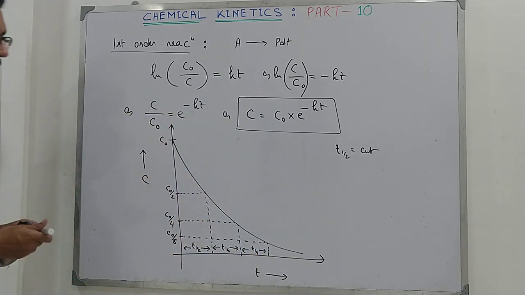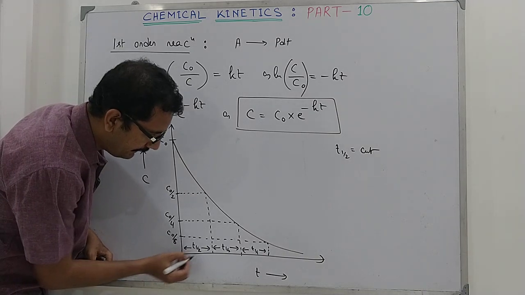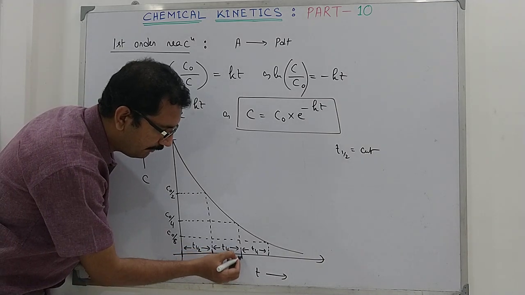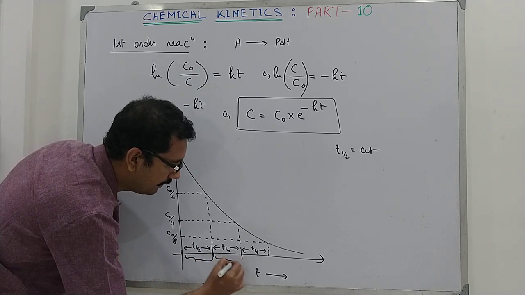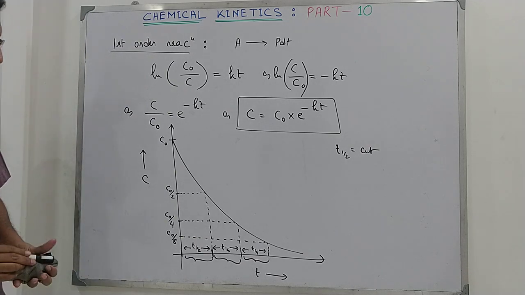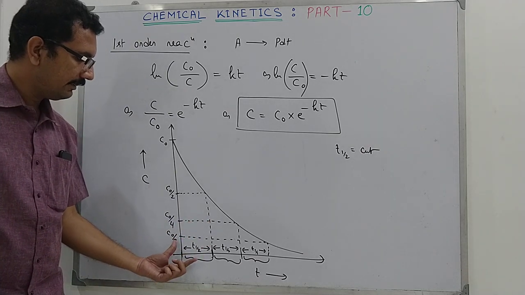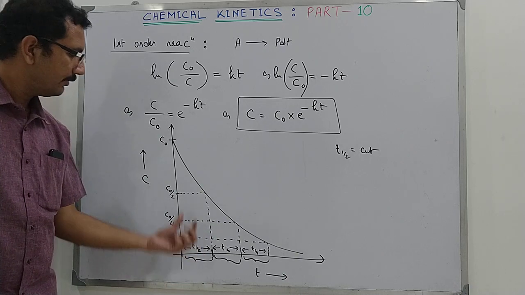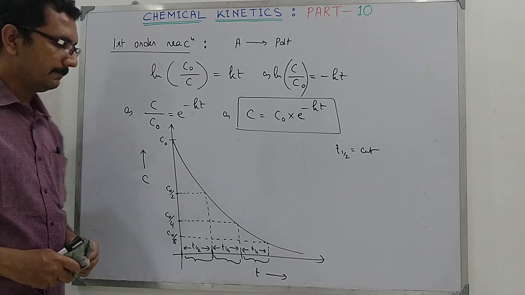So from this graph you can notice that this length is equal to this length, and it is equal to this length. So the message T half is giving you is that T half, that is half-life for a first order reaction, is constant.